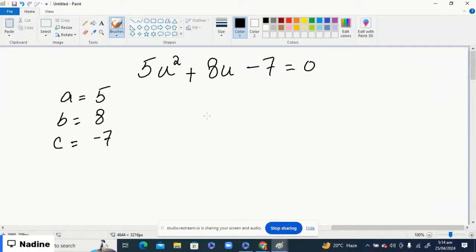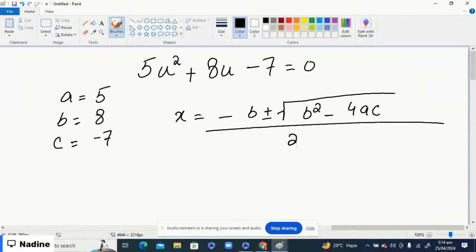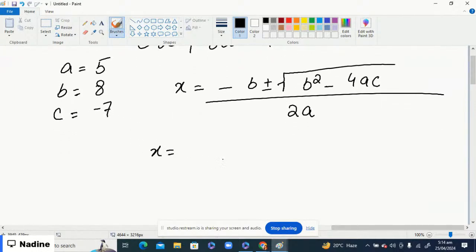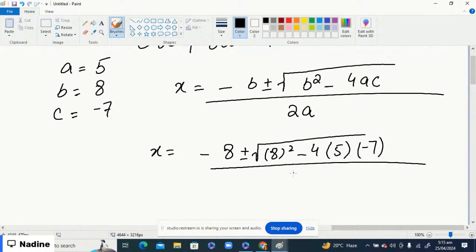Now, what's basically the formula? Let's write it. Minus b plus minus square root of b square minus 4ac over 2a. Putting the values, minus 8 plus minus 8 square minus 4 into a and c over 2 into a.